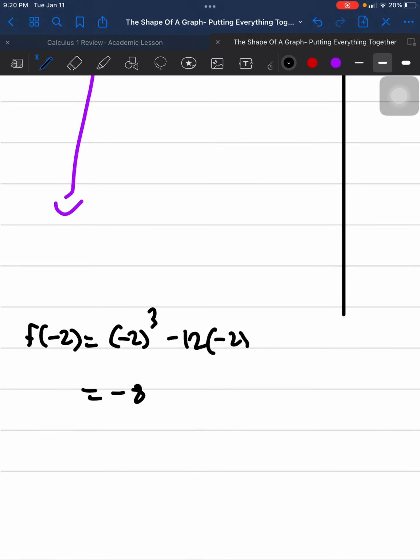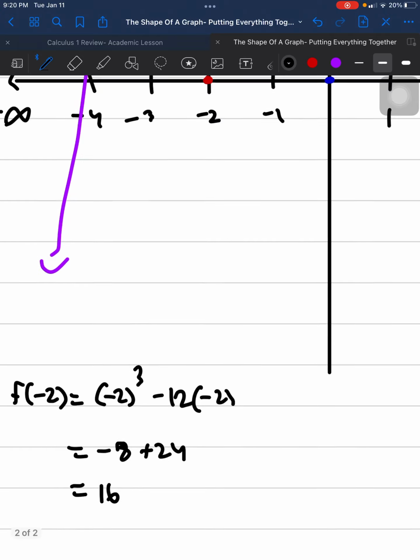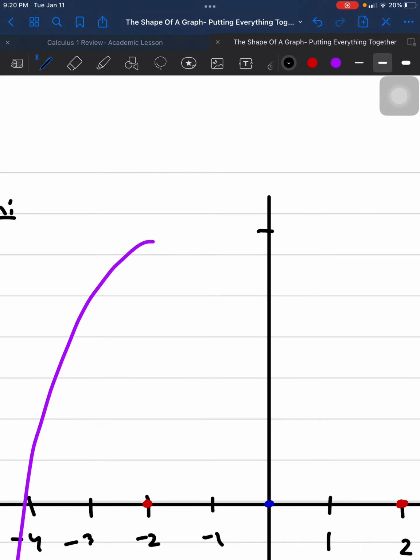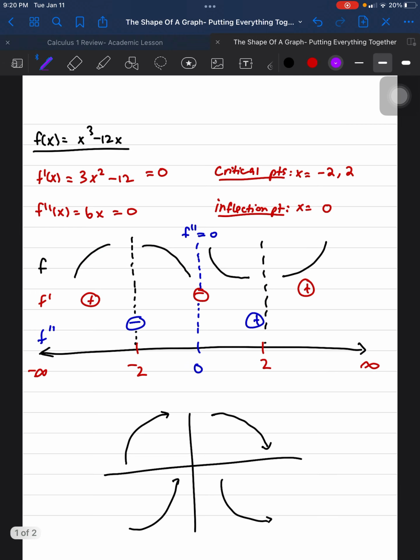And we get -8 plus 24, and this is 16. So this value right here, we could say is 16. So we got through one of the subregions.